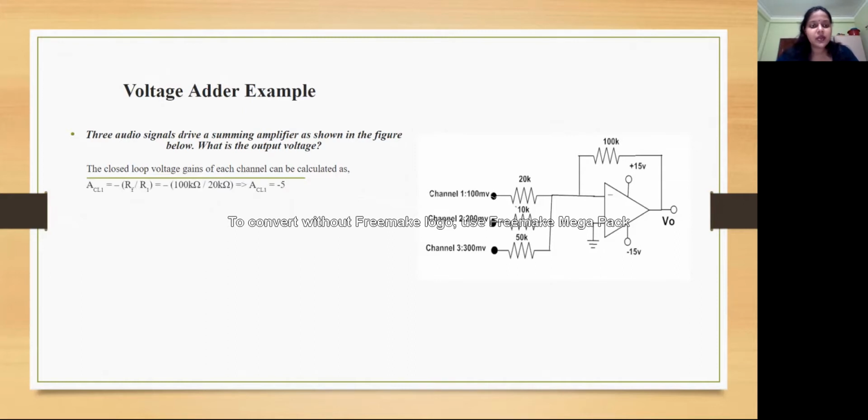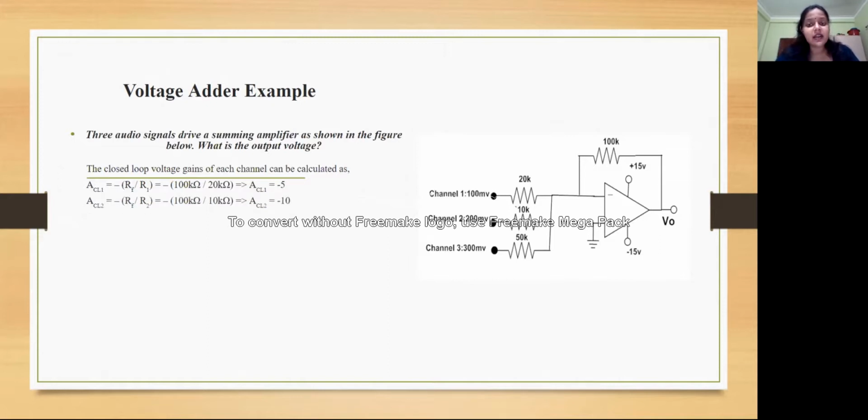First, we calculate all the gains individually. For channel 1, the gain is the ratio of feedback resistance to input resistance, 100 kilo ohm by 20 kilo ohm, and since it is an inverting amplifier, it will be minus 100 kilo ohm by 20 kilo ohm, that is minus 5.